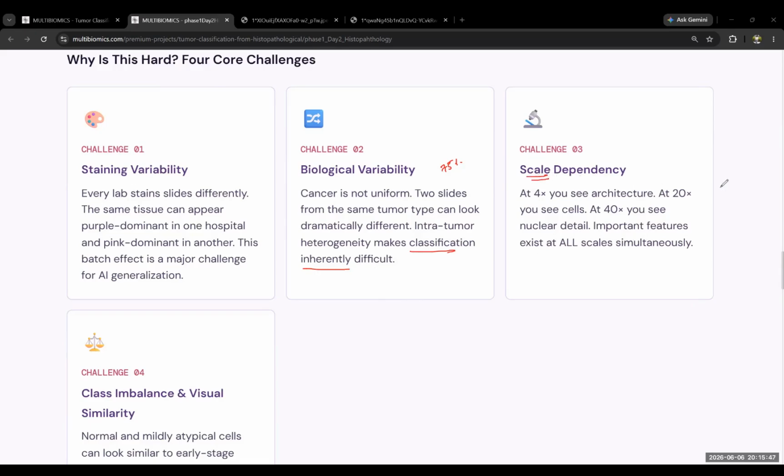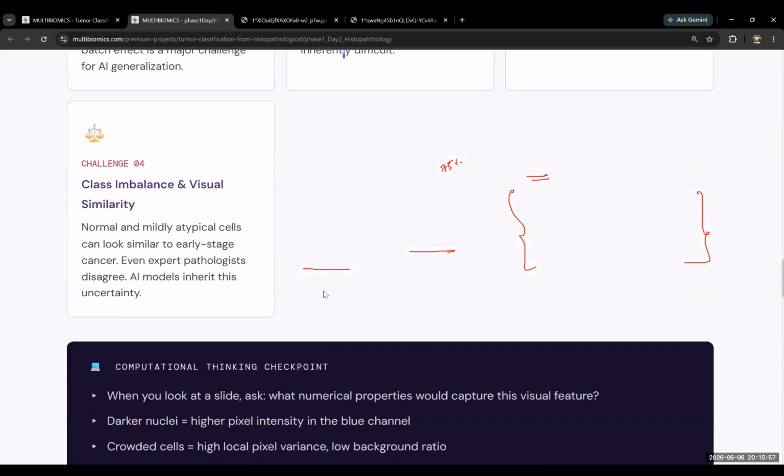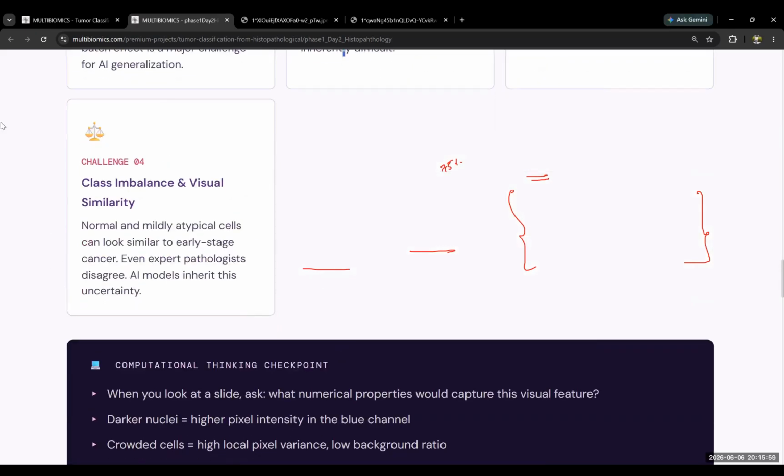Now, also scale dependency, we have different magnification levels also. Okay. And then class imbalance. This is another challenge: for each and every subtype, you don't have an equal number of images. In his breast cancer data set, there are 8 subtypes.